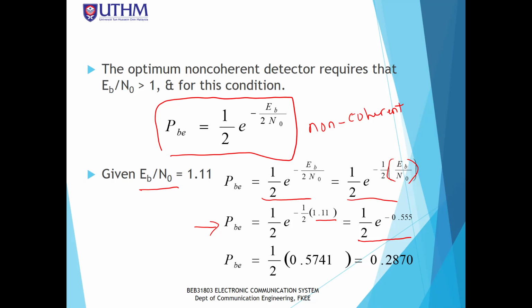Then you multiply with 0.5, half of it, so you get 0.2870. Therefore, you are able to find the probability of bit error without using the table.